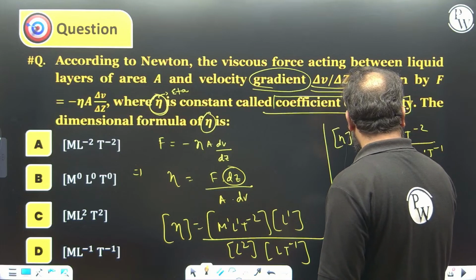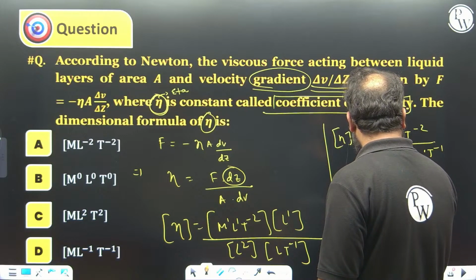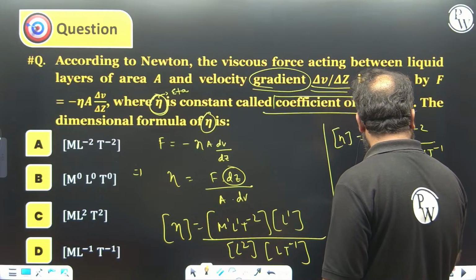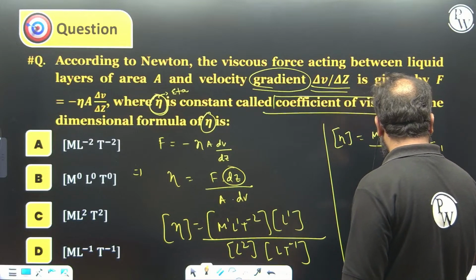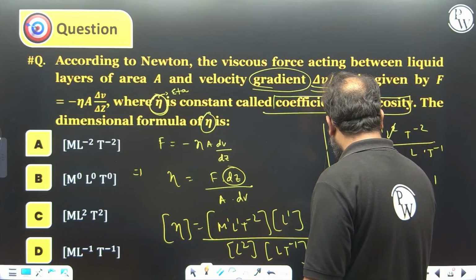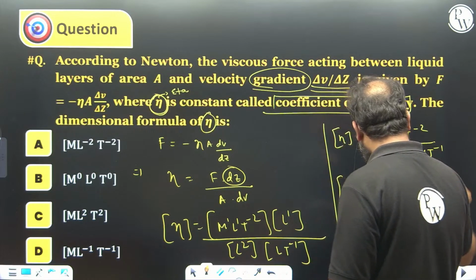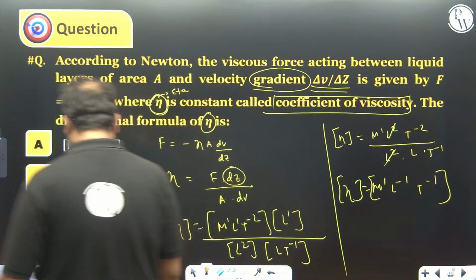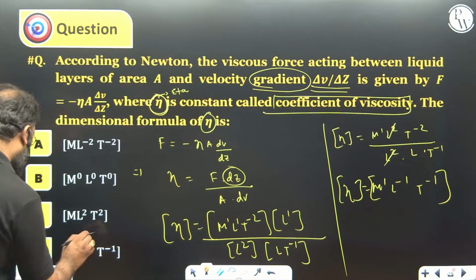This gets cancelled, so what I'm getting is M1 L minus 1, and T minus 2 going up becomes plus 1, so T minus 1. So this is the dimension of eta: M1 L minus 1 T minus 1. So the fourth option D should be the correct answer.